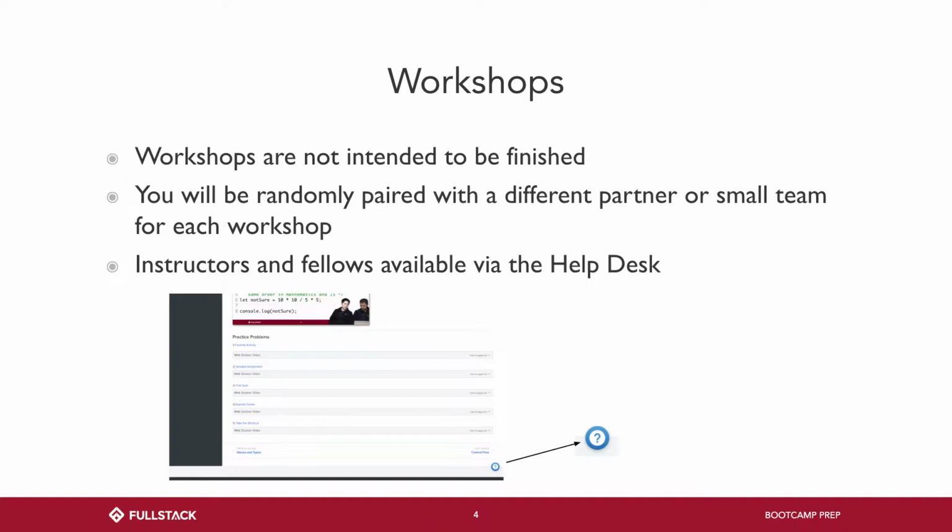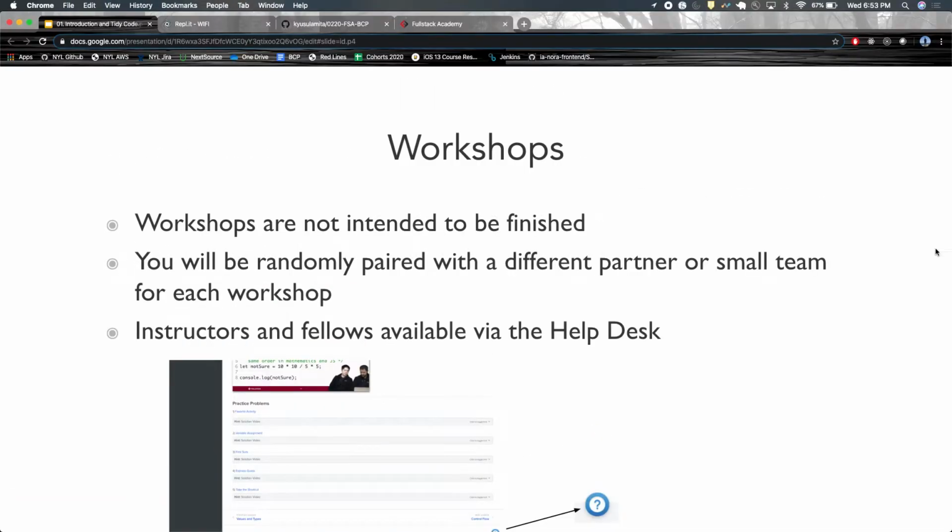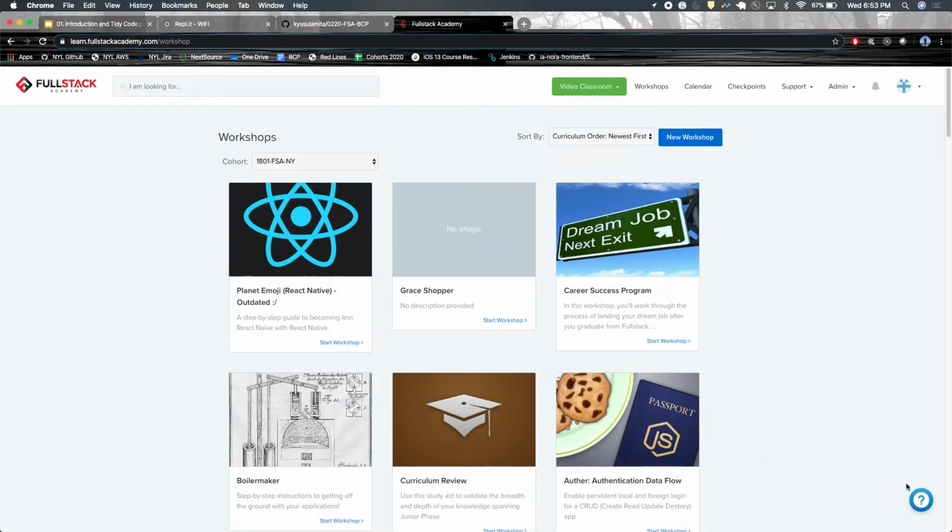So as you see this blue question mark over here, like on your Learn Dot, it's right here, right? You click it, and this thing opens, and then you type in, "Hi, I'm sitting at desk this number, and we need help with this question." If I'm helping another person, the help desk is going to also contact the fellows, and someone else will come and help you with your question, okay?